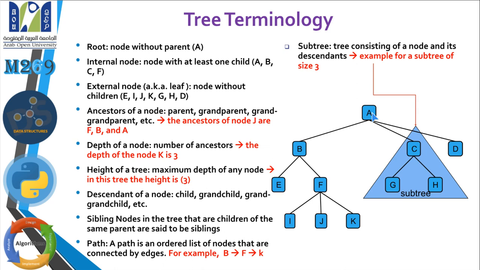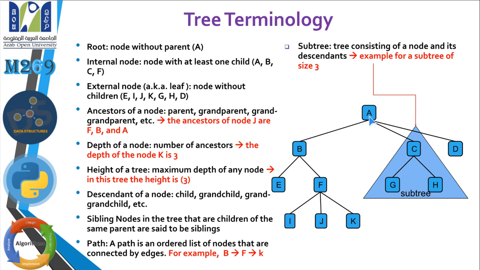Now, inside the tree we have so many nodes. The nodes that are called internal nodes are those nodes which have at least one child. So this one has one child, so it's considered an internal node. This one has two children, so it's also an internal node. This one has three, so this is also an internal node.